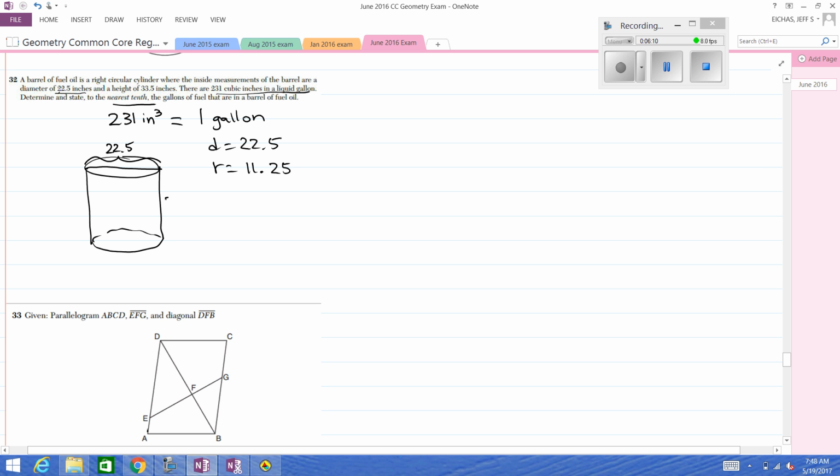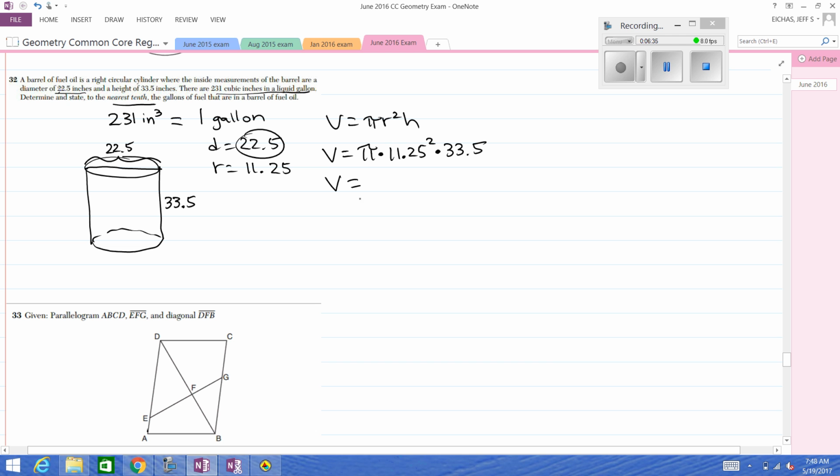Next, there's a height of 33.5 inches. Perfect. For a cylinder, our formula is pi r squared h. It's right on the formula sheet. So pi times 11.25 squared times the height of 33.5. Be really careful there. Don't use the 22.5.